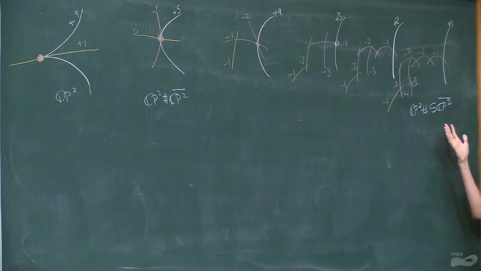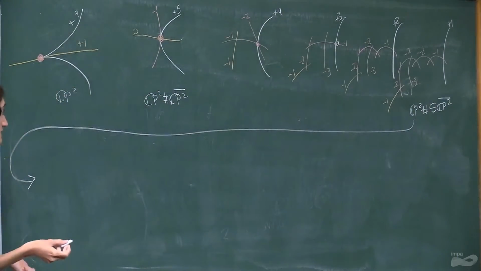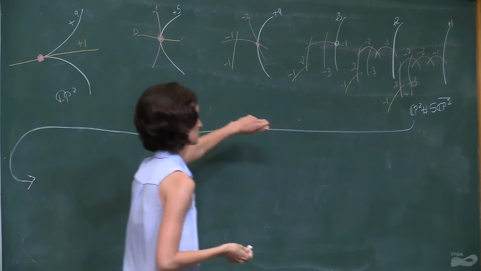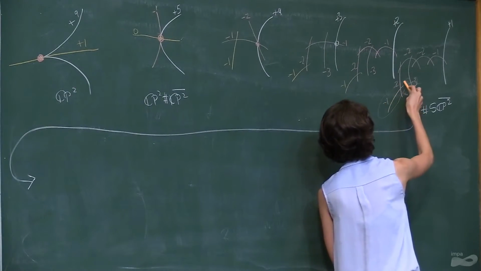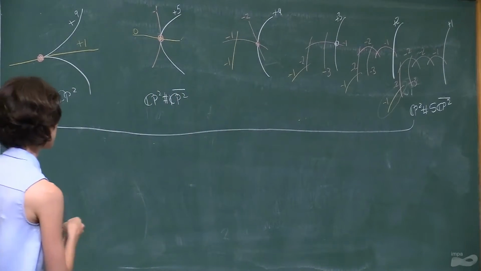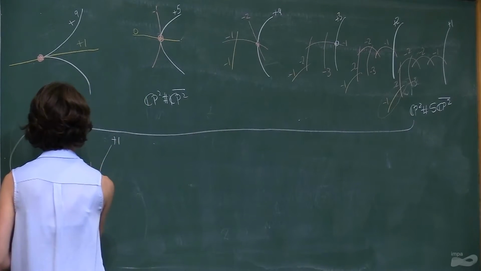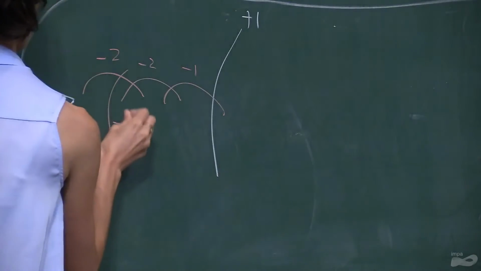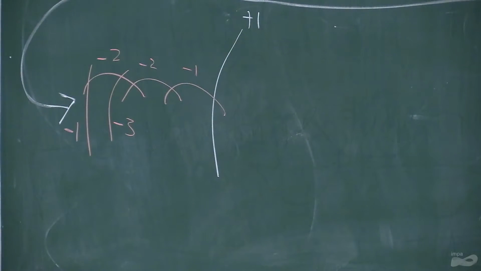So now I'm going to start blowing back down. But instead of blowing down in the way that I blew up, I'm going to blow down a different exceptional sphere. This orange -1 is a perfectly good exceptional sphere that I can blow down. If I do that, then the orange one goes away, and the -2 becomes a -1.